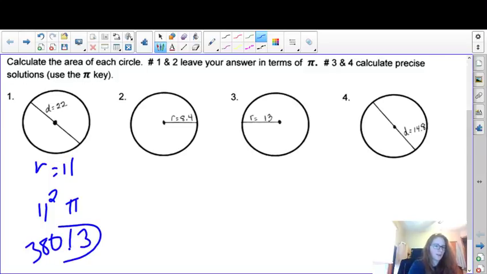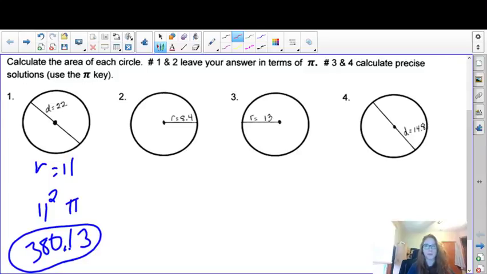And again, since I don't have any units in this one, if it was feet, it'd be feet squared because it's area. If it was inches, it'd be inches squared because it's area, so on and so forth. Because you're dealing with something squared here, that squared guy makes the area, so you need a squared for your units.